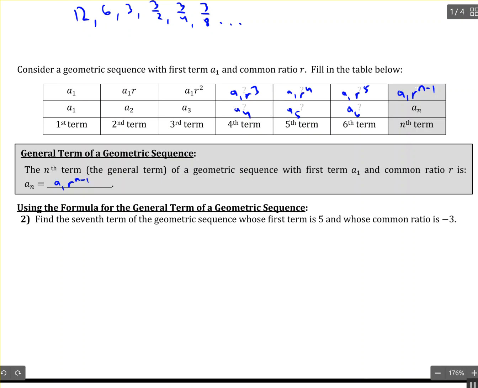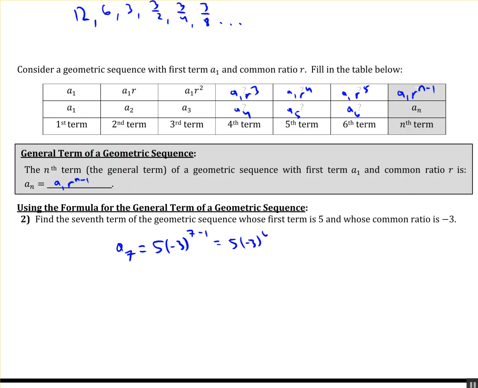So let's find the 7th term of the geometric sequence whose first term is 5 and whose common ratio is -3. This is going to be a7 is equal to 5 times -3, and we want the 7th term, so 7 minus 1 is 6. So 5 times -3 to the 6th. So 3, 9, 27, 81, 243, 729.